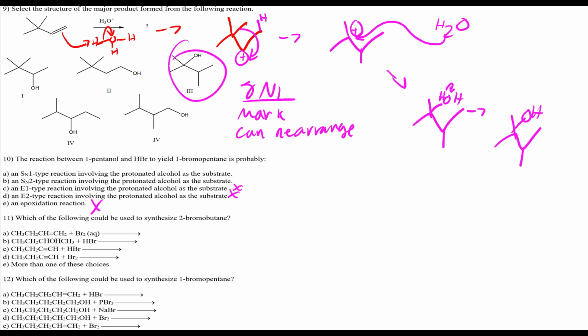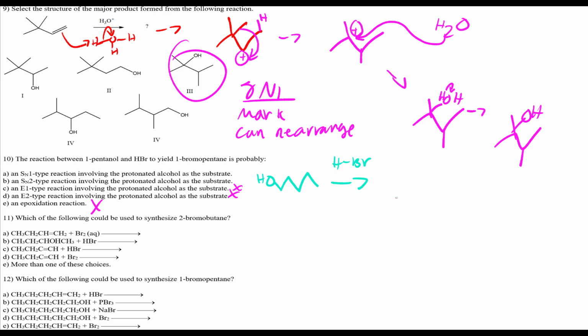Well, this comes down to drawing the actual product and reactant, right? So 1-pentanol, pentane is 5, so 1, 2, 3, 4, 5. We have an alcohol on the first carbon, and we're trying to convert it via HBr to yield 1-bromopentane.